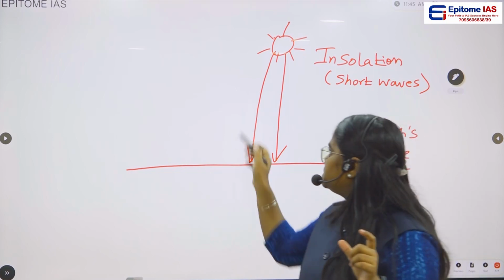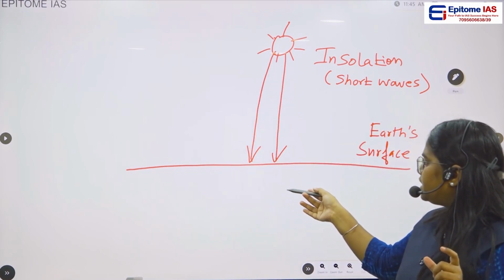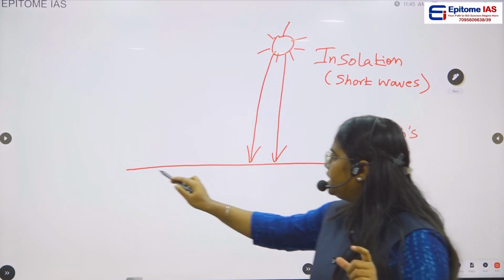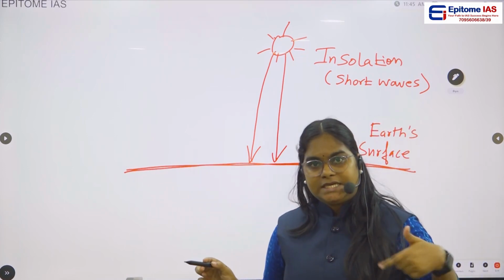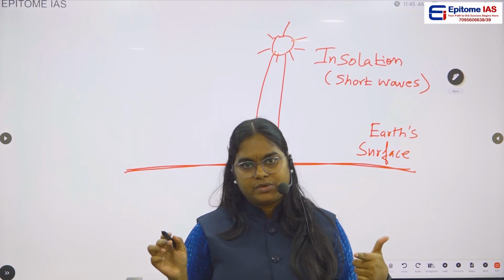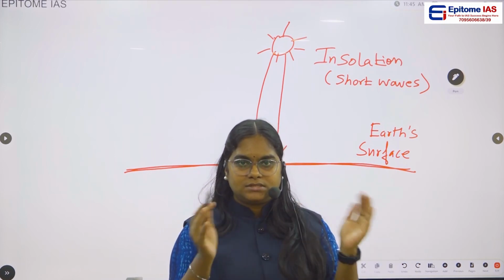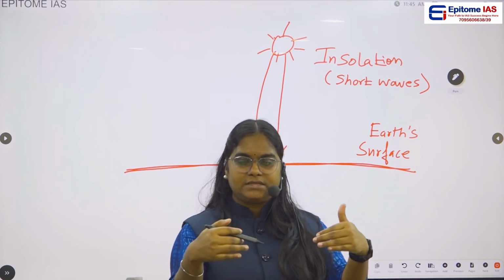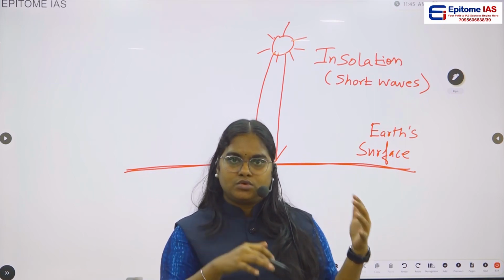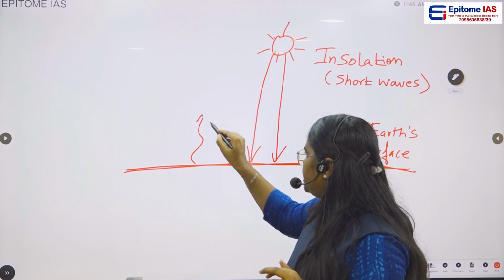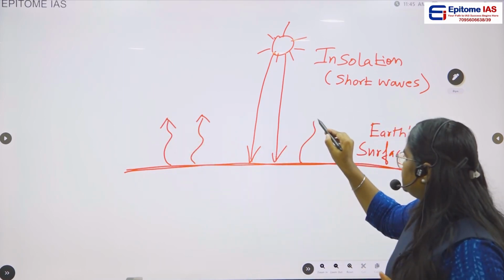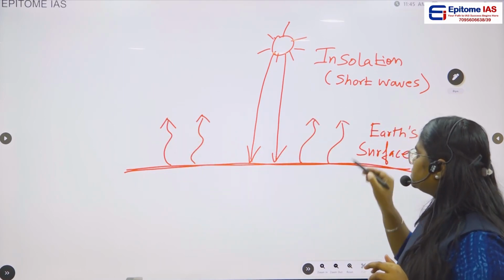Then what happens after this incoming solar radiation, or the insolation, reaches the surface of the earth? It heats the surface of the earth. Then after a point, the earth's surface starts radiating back the heat which was caused by the insolation.